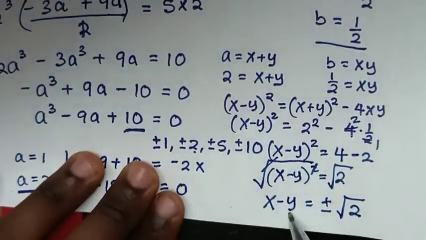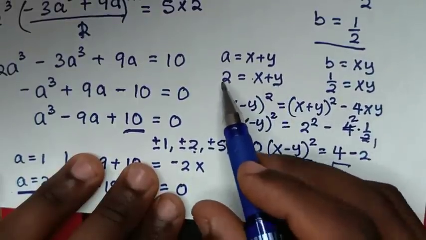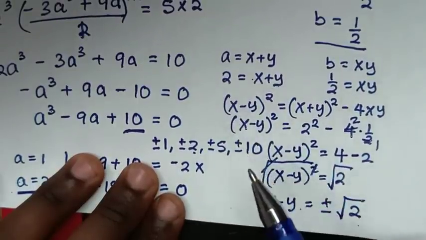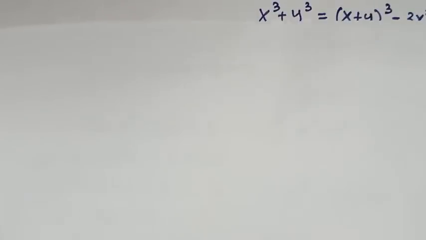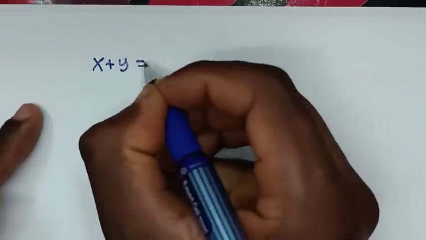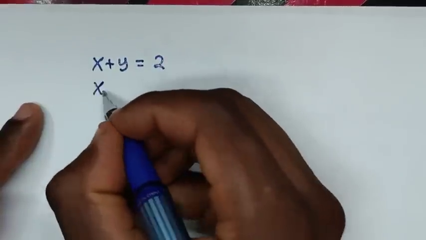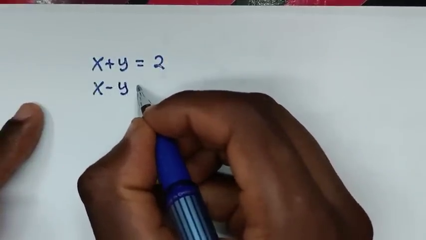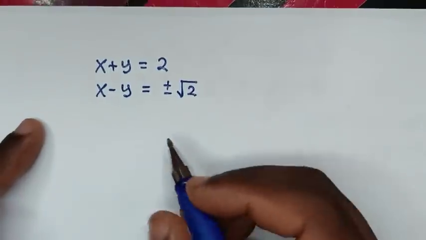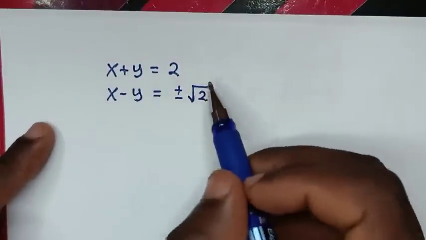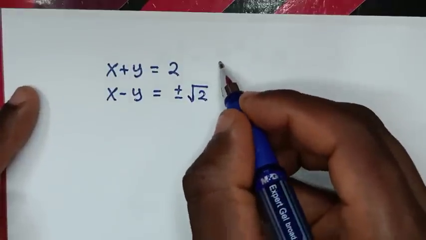So from x minus y is equal to square root of 2, we compare with this x plus y is equal to 2, so as to find the value of x and y. Then from x plus y is equal to 2 and x minus y, which we found is equal to plus or minus square root of 2, we solve these two equations, which are simultaneous equations, by elimination.